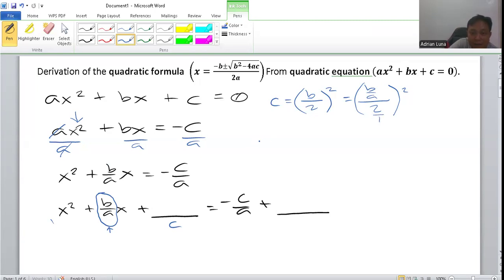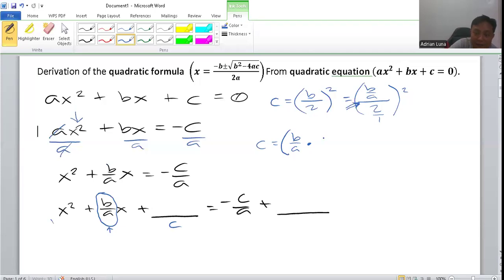And pag nag-divide tayo ng fraction, we follow yung acronym na KCF. K stands for keep the dividend, and that is b over a. C is change the operation from division to multiplication. Then F stands for flip. Flip natin yung divisor.